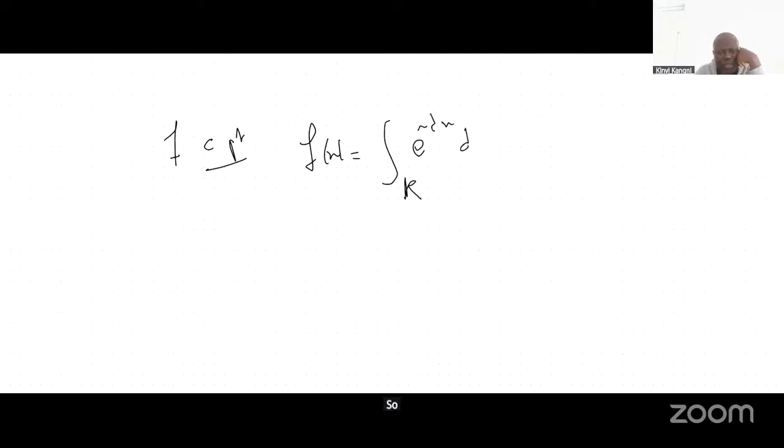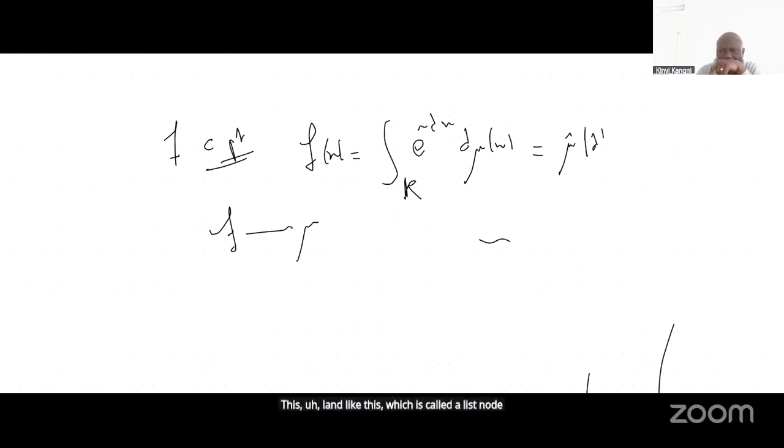So we can associate to any continuous function of positive type some bounded measure on R, which is just the Fourier transform of this measure.